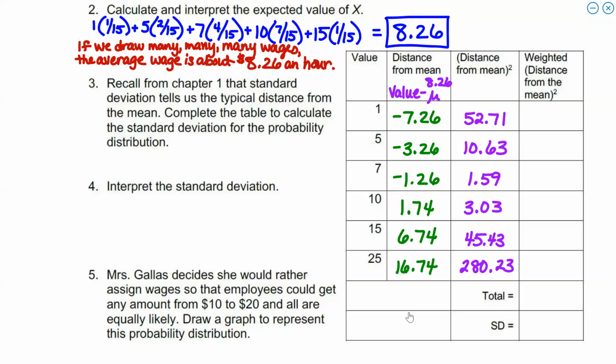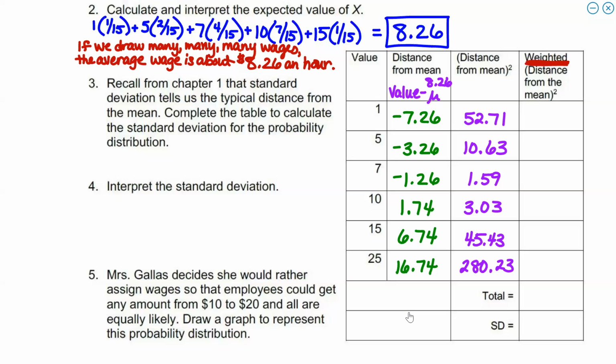For this very last column over here, it says the weighted distance from the mean squared. The way we weighted our expected value was by multiplying those values by the probability that it occurred. So we're going to do the same type of thing here. We're going to take our distance from the mean and we're going to multiply it by the probability that that value happened.